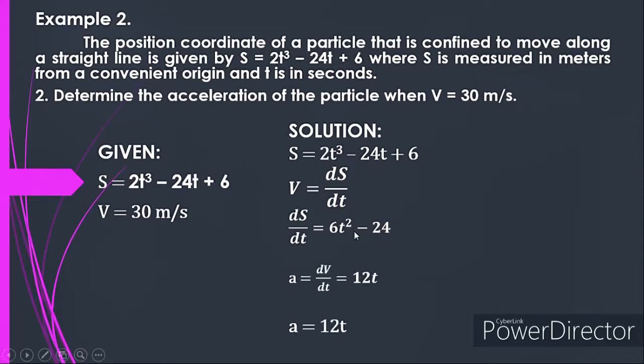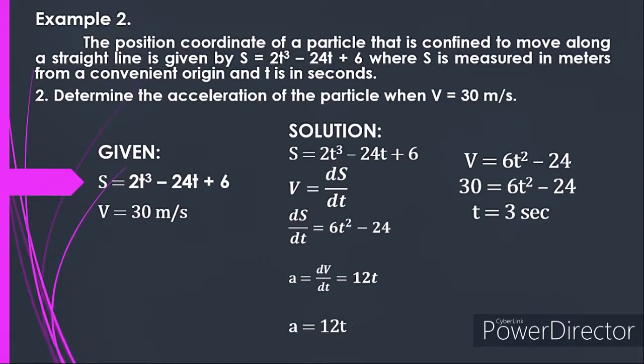Then, differentiate natin si v. dv over dt is equals to 12t, which is the equation for acceleration. Now, since binigay ni problem ang final velocity na 30 meters per second, so equate lang ulit natin. V is equals to 6t squared minus 24, equate 30 is equals to 6t squared minus 24.